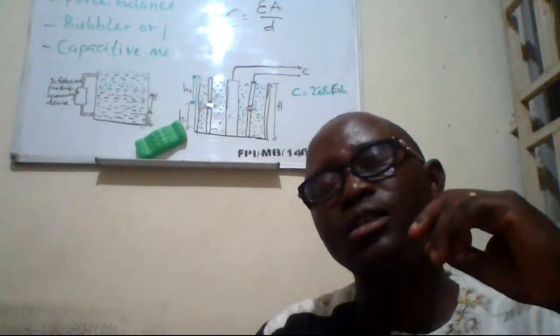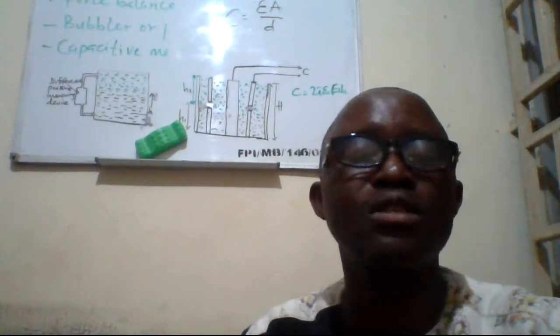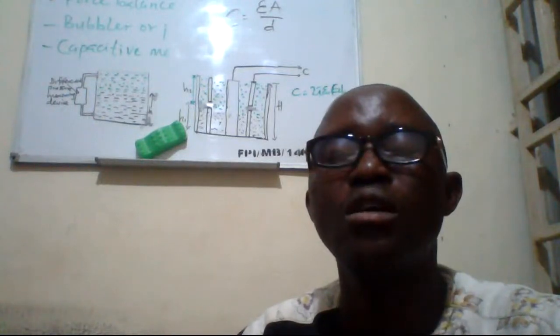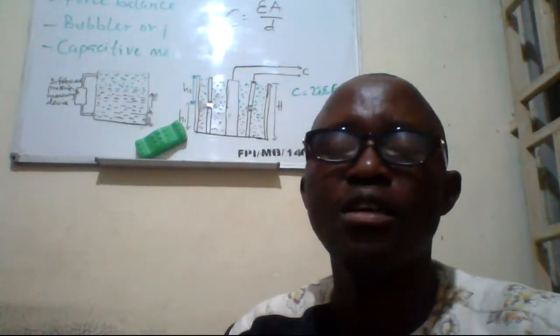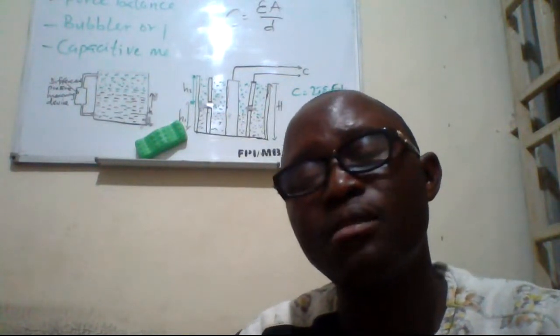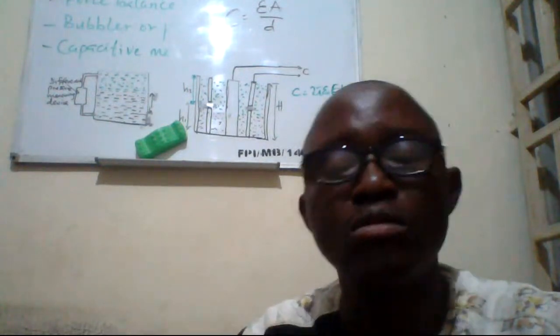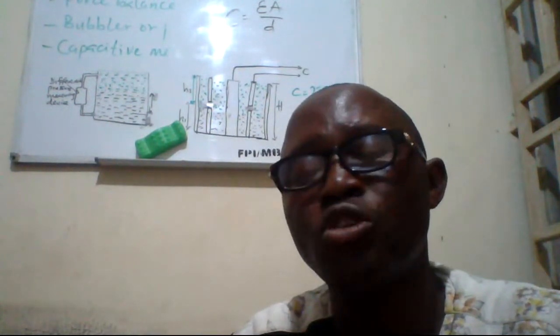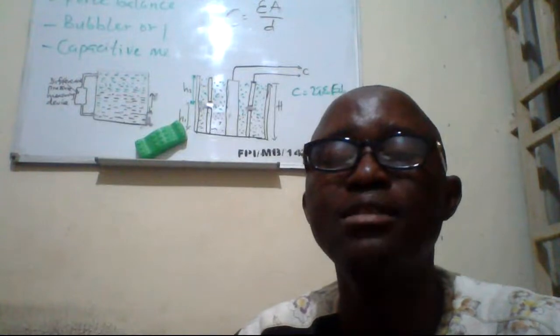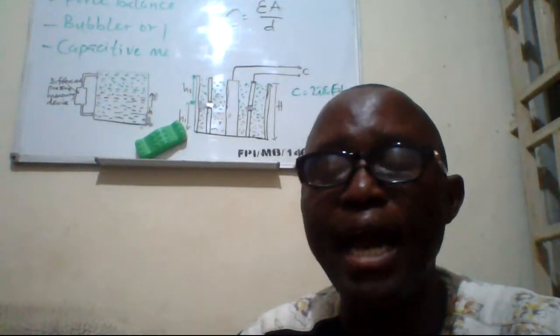Because there are two portions in the tank which are not the same, the differential pressure measuring device will be able to pick up the difference in pressure between the liquid and the vapor, and that will be used to compute the value of the height.